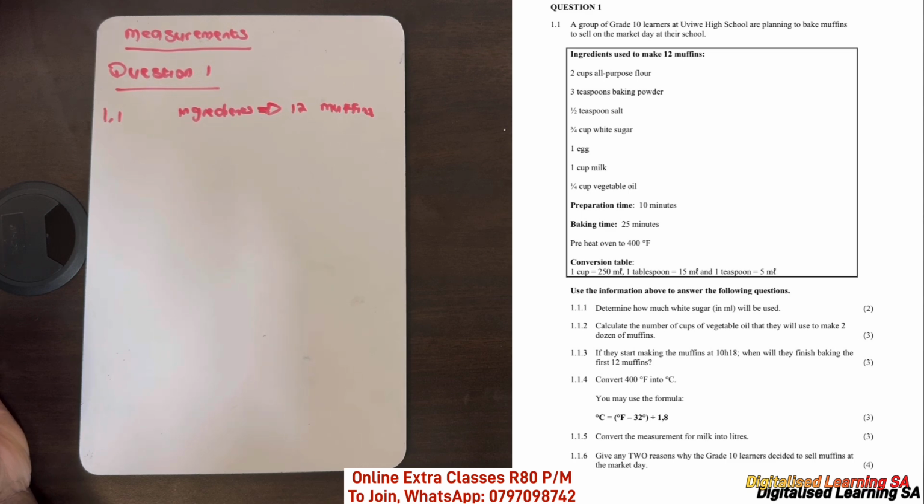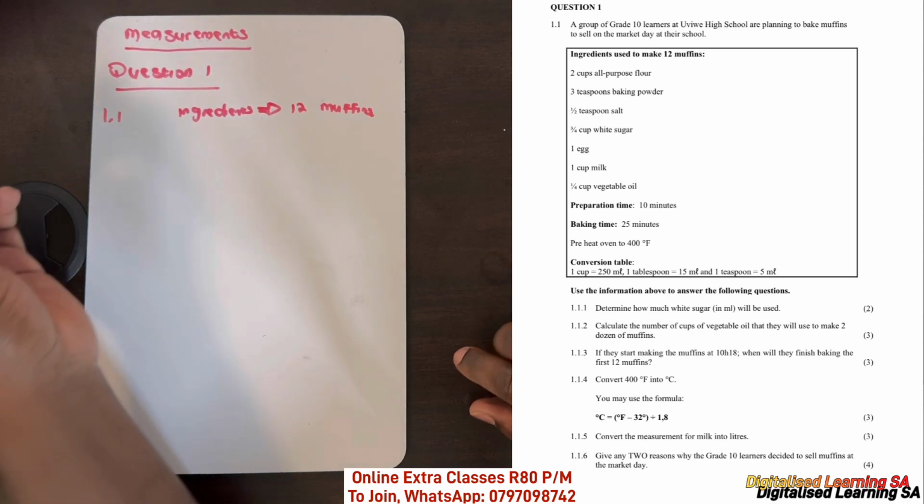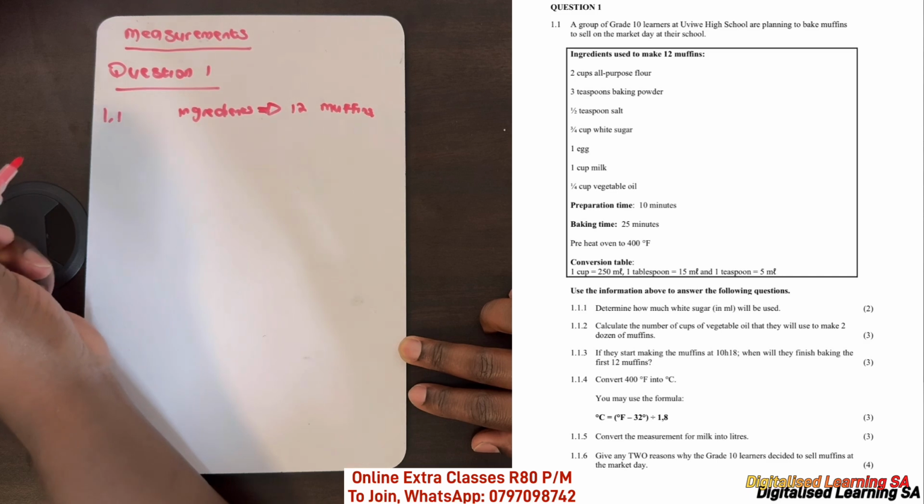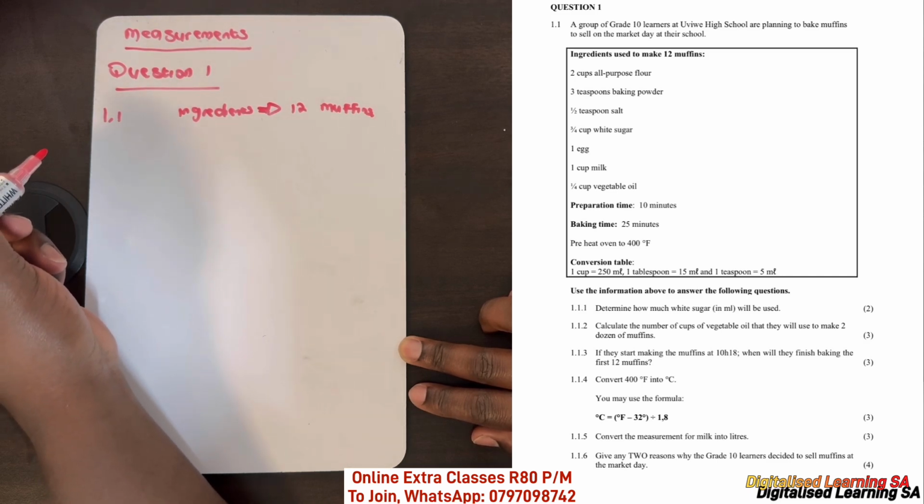The preparation time is 10 minutes and the baking time is 25 minutes. We are also given the conversion table. Without wasting any more time, let's go ahead and start working on our questions. We are told to use the information above to answer the following questions.